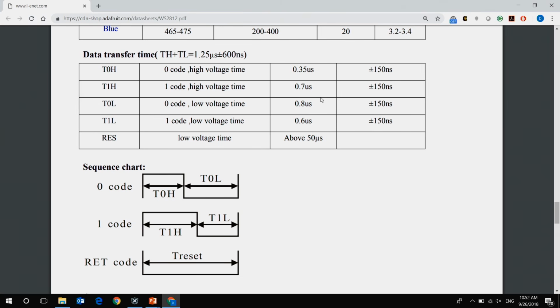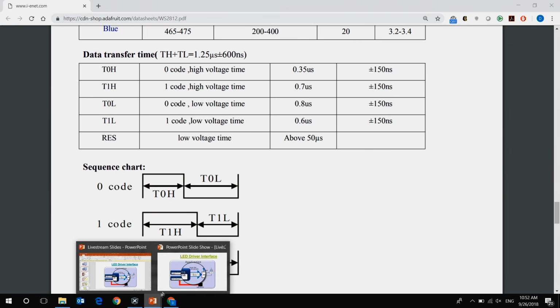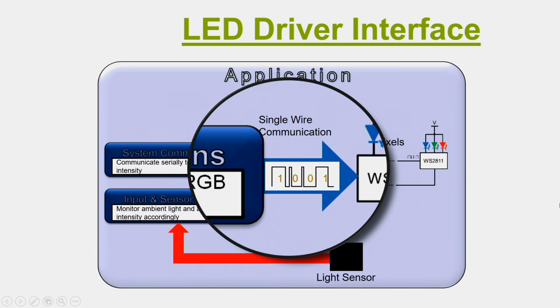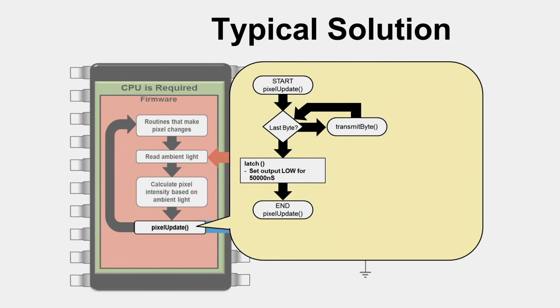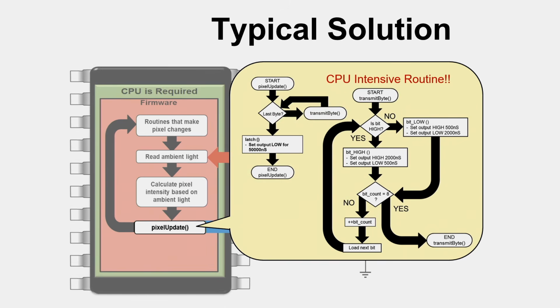If you did that in code, it's a lot of code, because it's what we call bit banging, using software to replace peripherals. This is my routine for writing that code, and you're setting the output high for a short time and low for a short time. As you can see, it's only like 500 nanoseconds, so it's a very short amount of time, and you need to keep your CPU operating all the time.